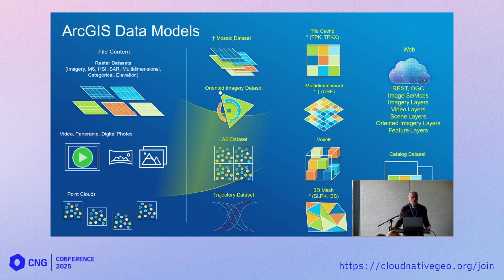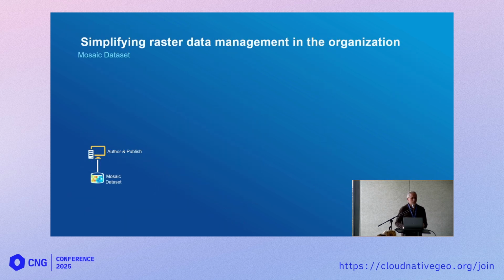And one of the most important things here is that there's also a rich web model for REST services for every one of these, so that you can consume them as a service in REST and as OGC. Catalog dataset is a unique one, and I'm going to talk a little bit more about that. I'll show you some demonstrations. I'd say it's similar to Stack, but it's not the same thing. They're used for different purposes.